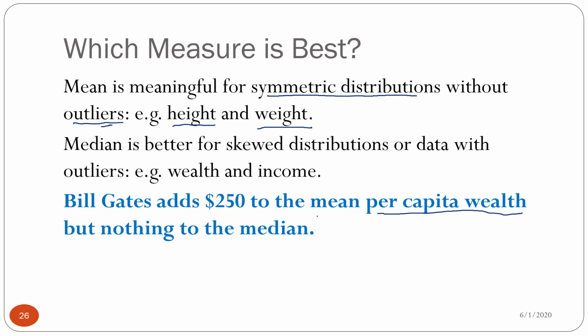That gives a very good idea that the mean is susceptible to outliers. So when you have somebody like Bill Gates in your data and you want to find the centrality measure for per capita wealth, you should use the median in place of the mean.